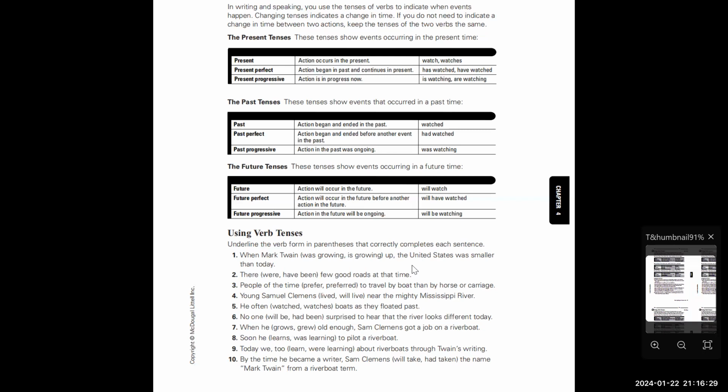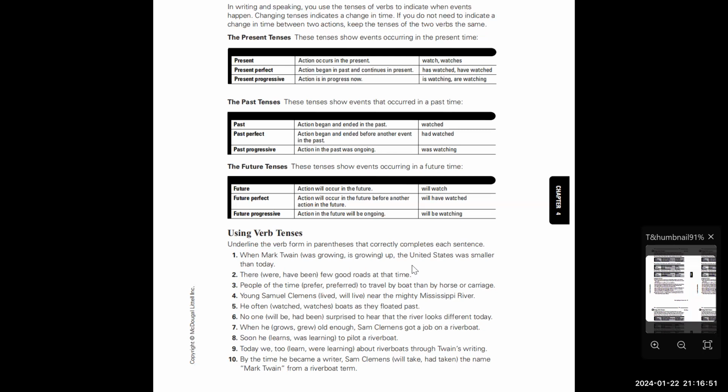So traveling by boat means now, than by horse or carriage, that's in the past. But it says they prefer to travel by boat, so it means it's in the present. Understand? Okay, that's fine.